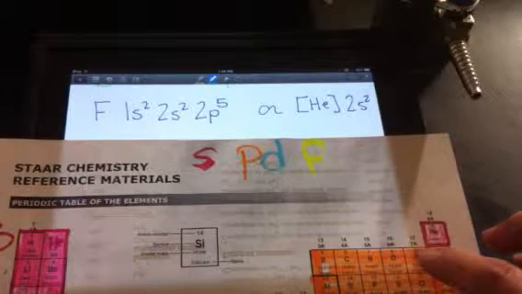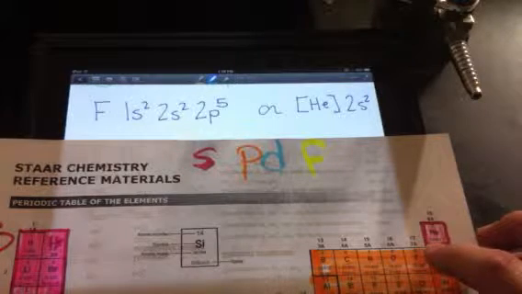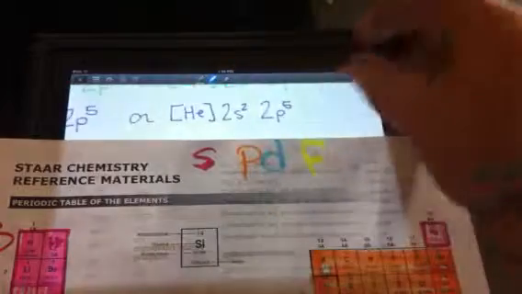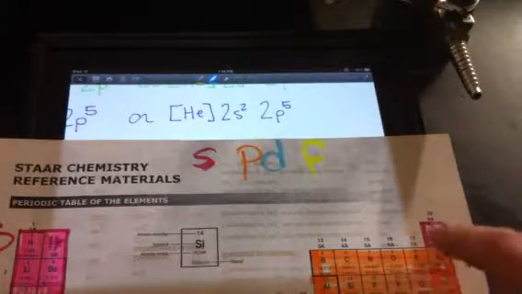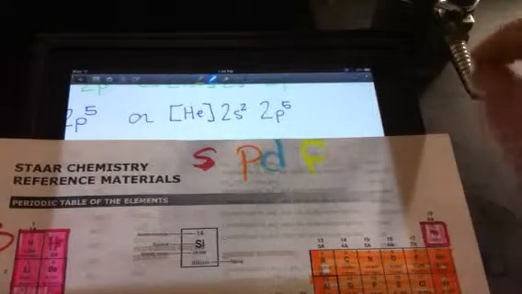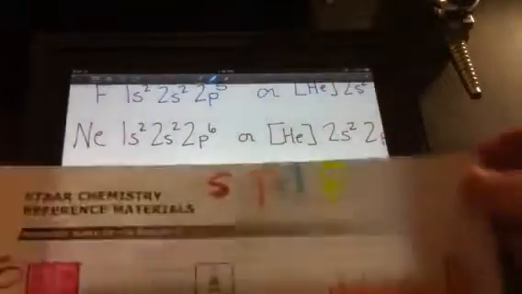Fluorine is in group 7. It has to have 7 valence electrons in the outside shell. Okay? Shorthand once again is helium 2s2, 2p5. This is right because 2 plus 5 is 7, plus 2 is 9. Fluorine's atomic number is 9.